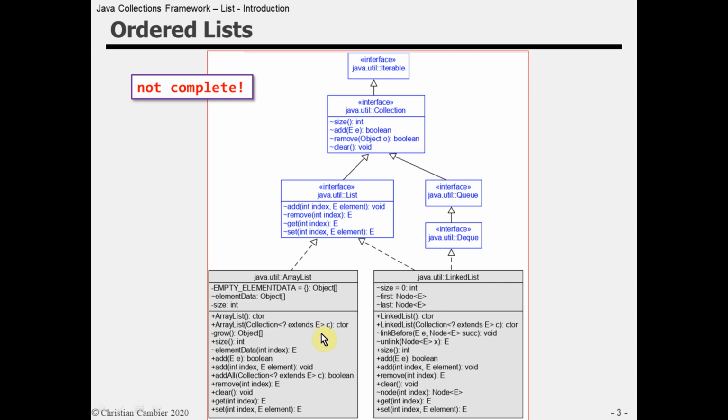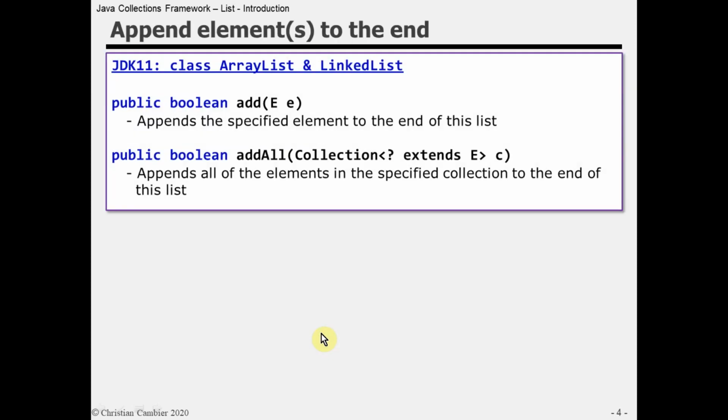Let's look at the description of the main methods that I'll discuss. To start with, how does an ArrayList and linked list behave when adding elements at the back? Two widely used methods that I'll cover are first, a single parameter add method, which appends a specified element to the end of a list, and then the addAll method, which appends elements of the specified collection to the end of a list.